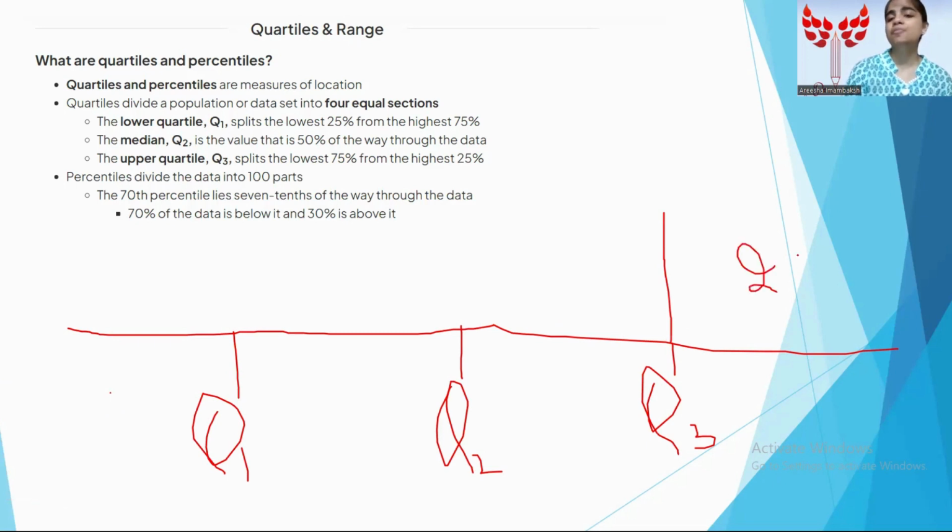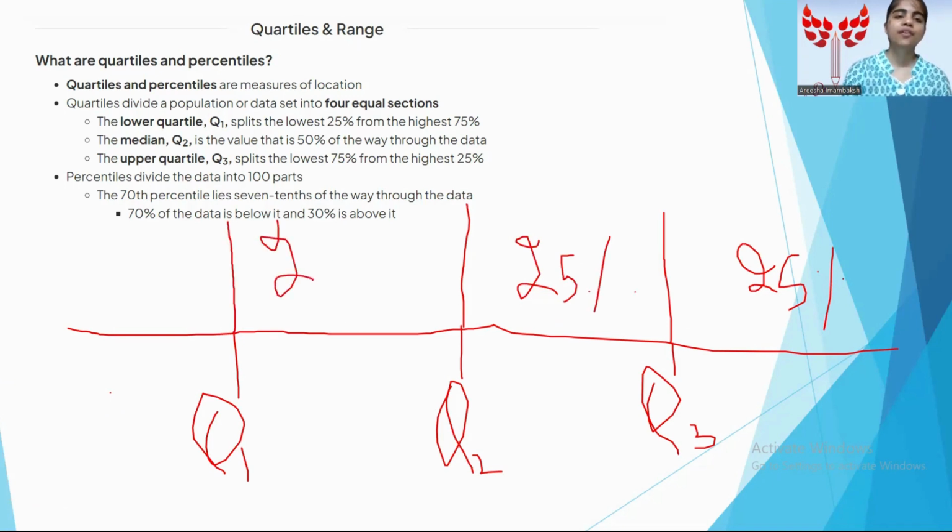That means 25% of the data lies here, 25% of the data lies here, 25% of the data lies here, and 25% of the data lies here.